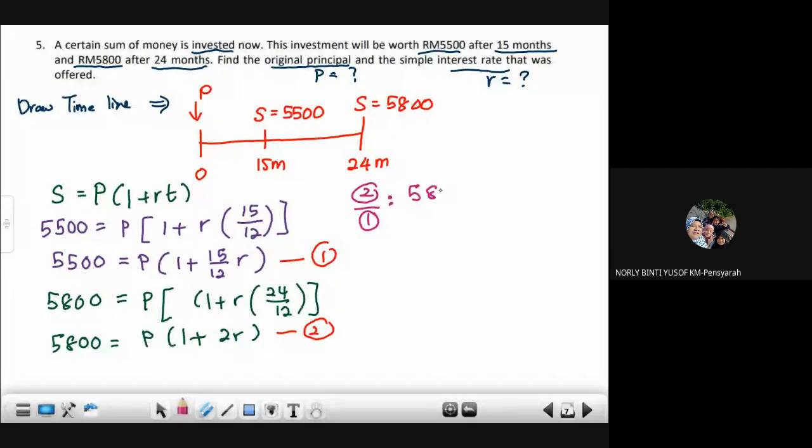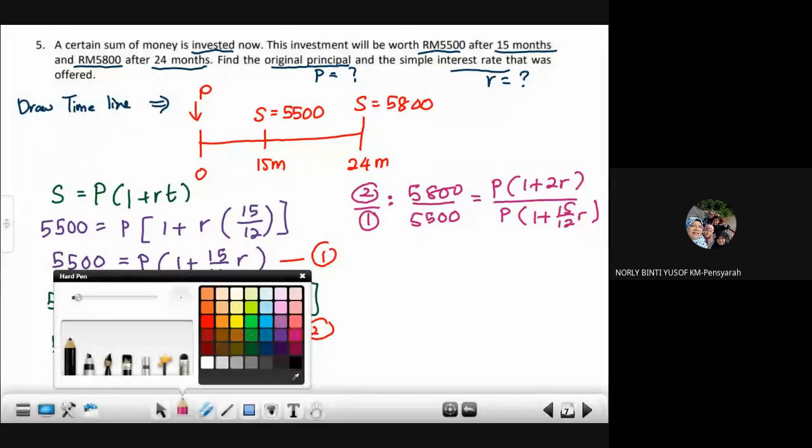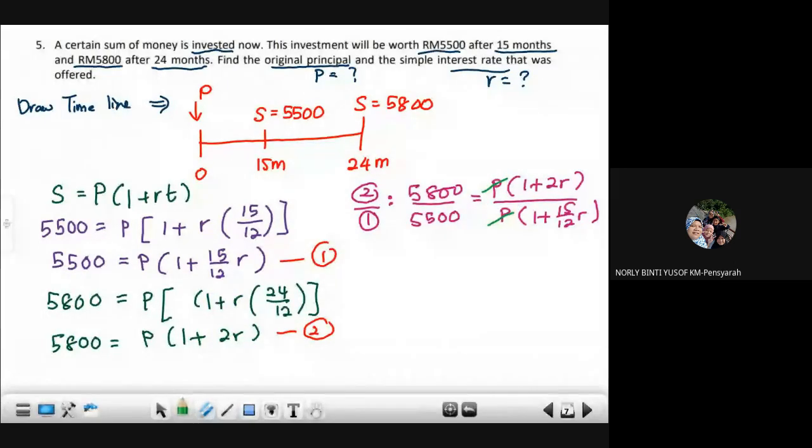So 5,800 bahagi 5,500 sama dengan P(1 + 2R) bahagi, supaya P tu eliminate, P(1 + 15/12 R). Jadi P ni akan habis dan you obtain 58 bahagi 55, ataupun terus darabkan naik atas.